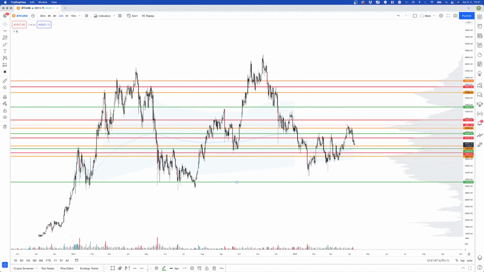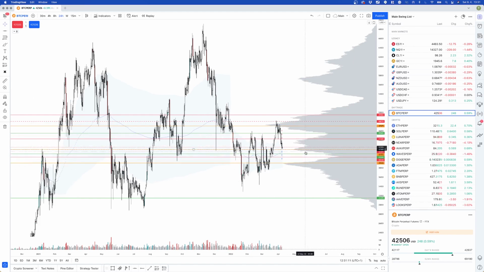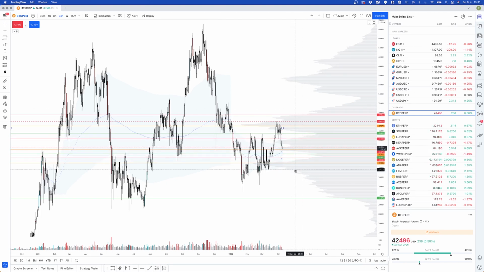So yeah, a fun thing: if I change the perps, this is FTX. I wanted to see if, as I redraw all the levels, they would be the same as I did now from the blank chart, and they basically are the same.